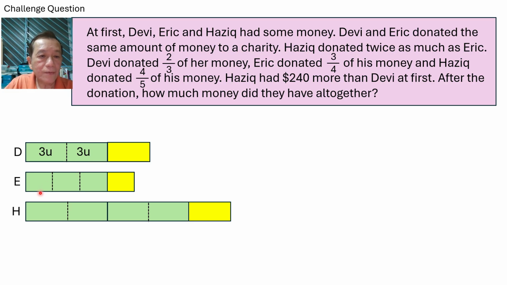And for this, what do we write? 2U, 2U, 2U. 6U, 6U. Now they are equal. Fill up the rest. Small unit, so 2U. This is the big unit and the rest.